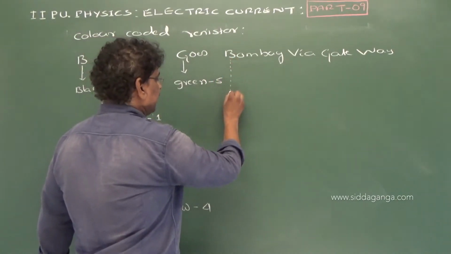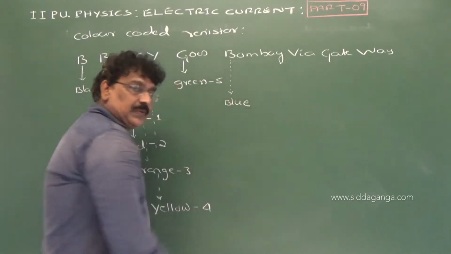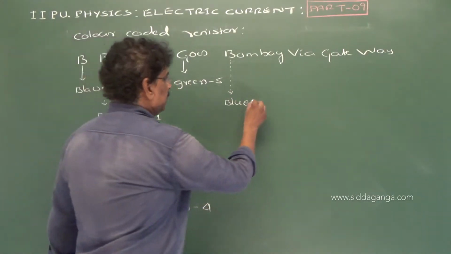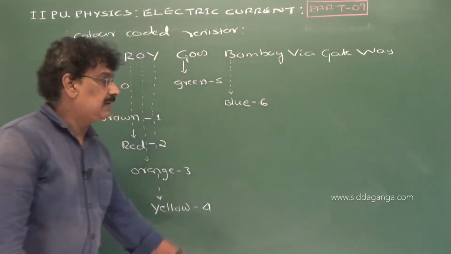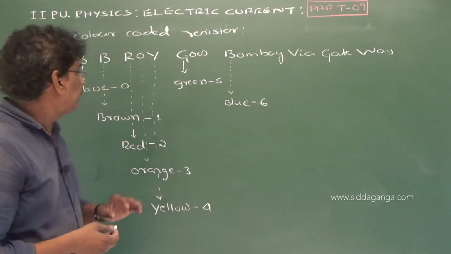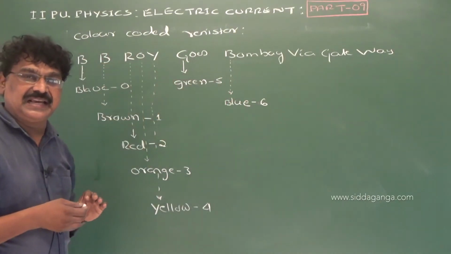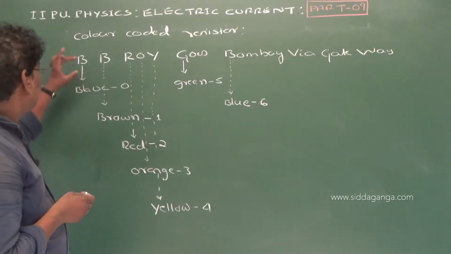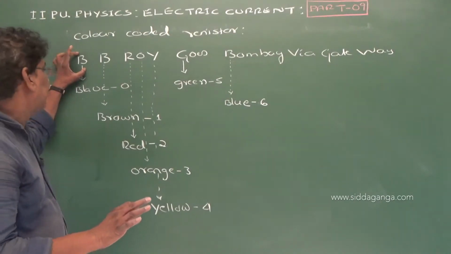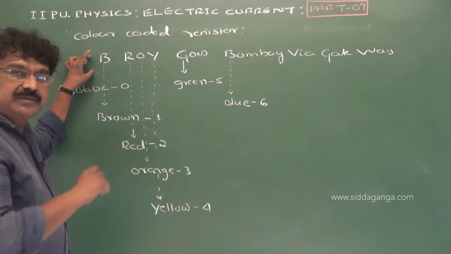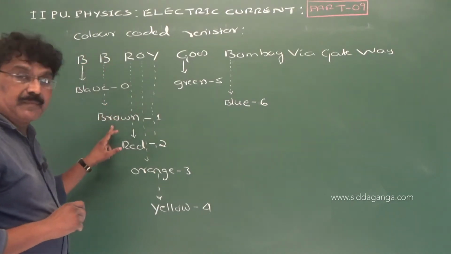Now this B represents blue, and that blue represents the digit 6. Don't get confused. There are 3 Bs representing the colors. Here this is black, the darkest color. A little more bright is brown, that represents number 1.